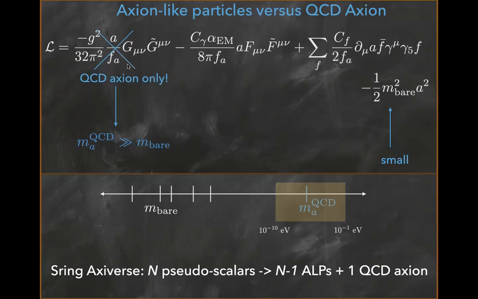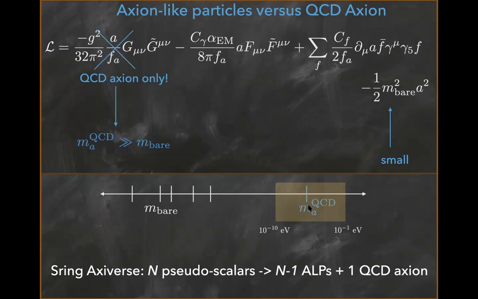This picture of axion-like particles as a motivation emerges in the idea of the string axiverse, where you find a large number, say n, of ultralight pseudoscalars, which will generically couple to everything, including QCD. But the linear combination which couples to QCD is going to get a mass from QCD instantons, and that'll become the QCD axion eigenstate.